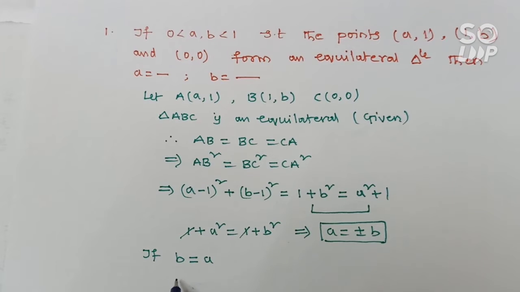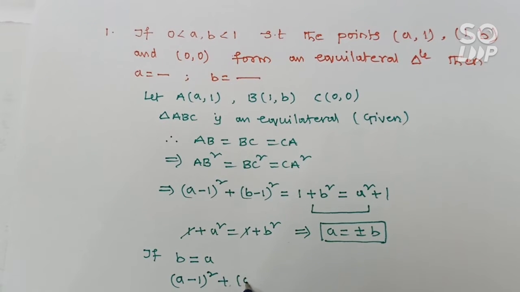(a minus 1) whole squared plus (a minus 1) whole squared is equal to 1 plus a squared.